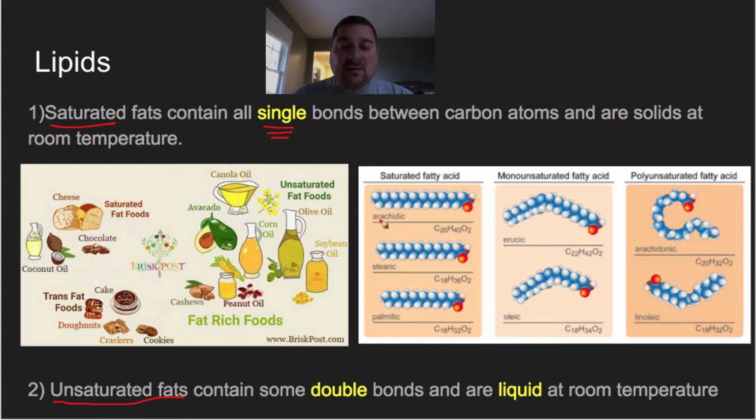So a saturated fat, if you look over here, it's just single bond, single bond, single bond, so that it makes these nice straight chains. These straight chains let the fatty acids pack really close together, so they have a higher melting point and tend to be solids at room temperature.